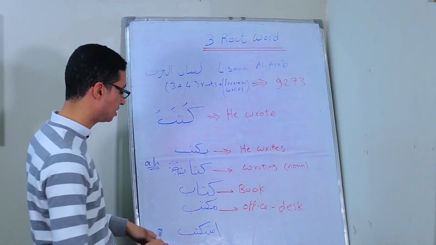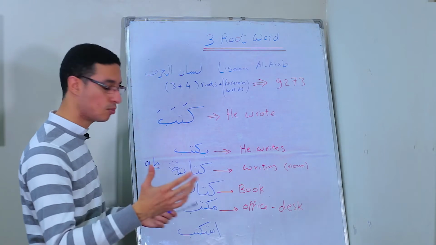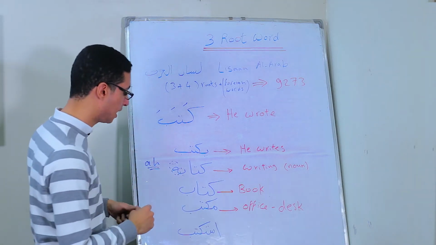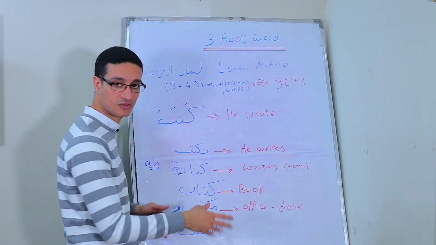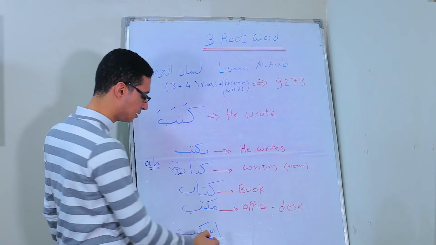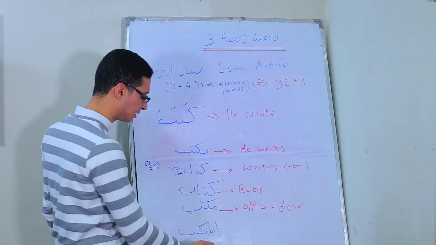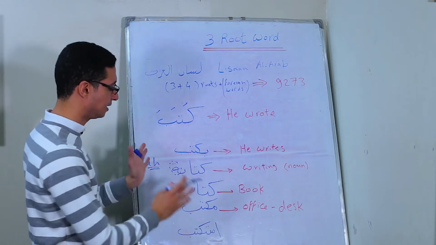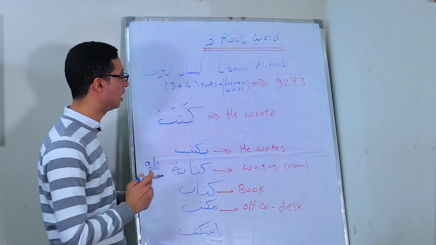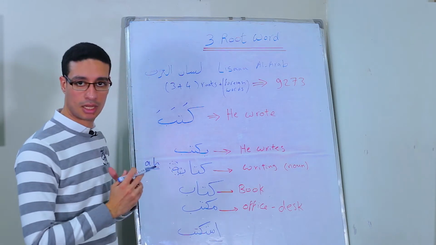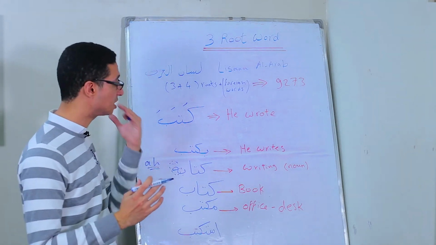It means that you had someone write something for you, or you have a copy of something. It's a very old word, but I just added this word to show you that when we added the alif, sin, and ta, it gives us another meaning. So this is the idea of the 3-root verb in the past in Arabic.